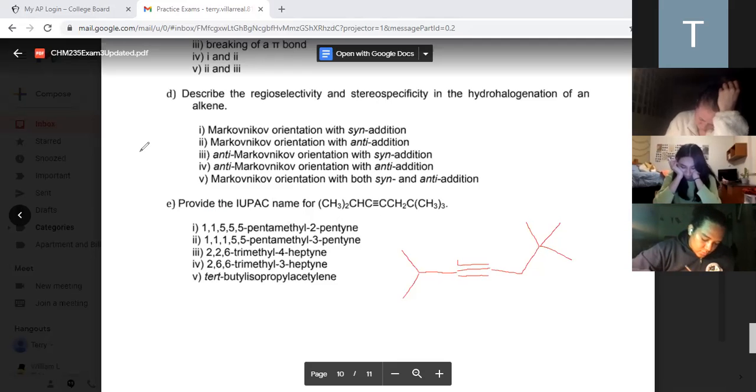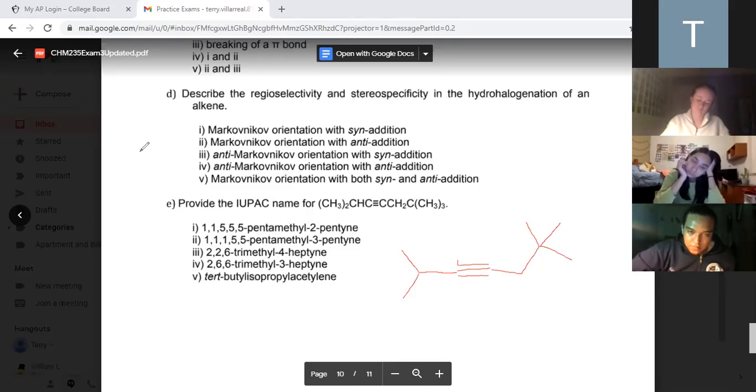So this is something that I do when I want to name something. If I draw the line structure, sometimes that's a little bit easier for me to see than just having that thing there. So I draw out what they gave me into a line structure, and sometimes that makes it easier.